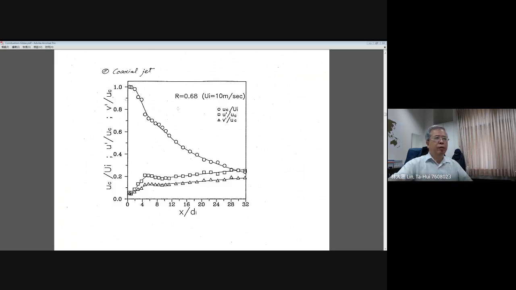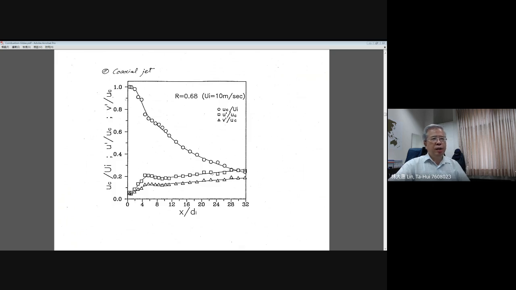Okay, and they will have some interaction near the interface of the inner and outer jet. And in this plot, in a similar way, around the center line the axial velocity drops continuously, and you can see this variation is quite close, even for the velocity fluctuation for axial velocity and for radial velocity.